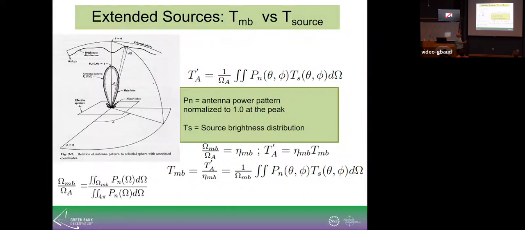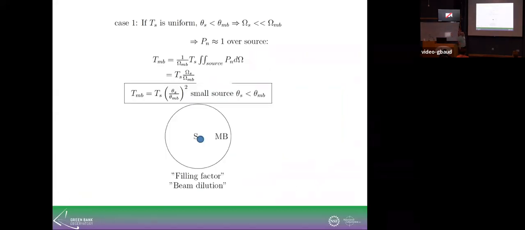So this is just a schematic showing how we approach this. The eta main beam is basically the antenna power pattern integrated over your source. We can compute this in specialized cases, which is what we do most of the time. Astronomers tend to make approximations.